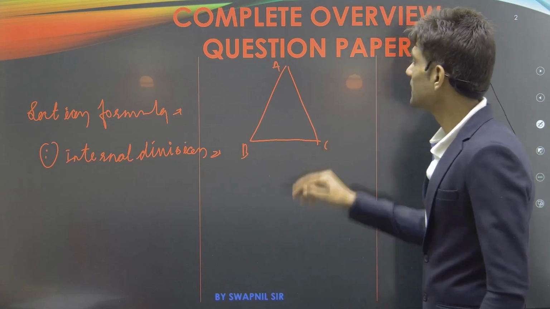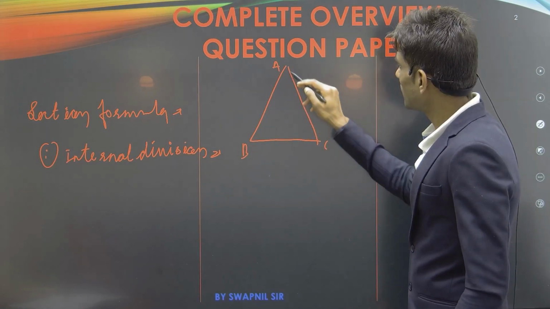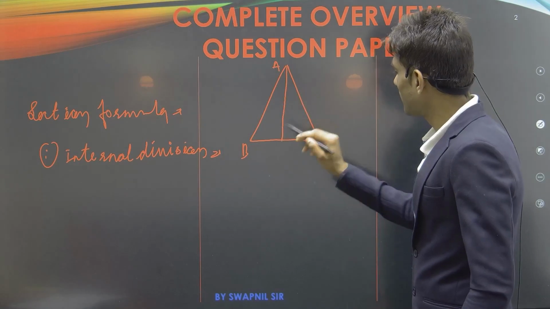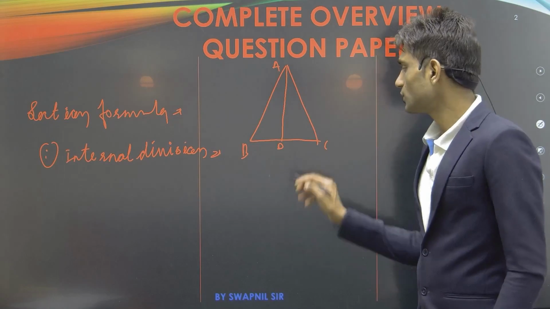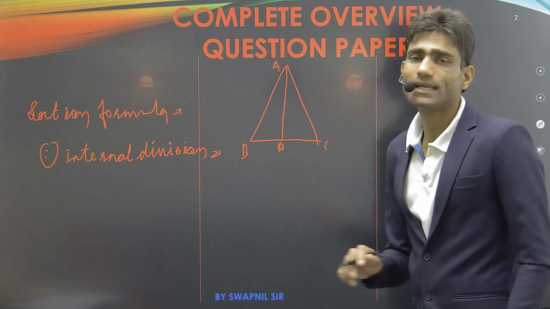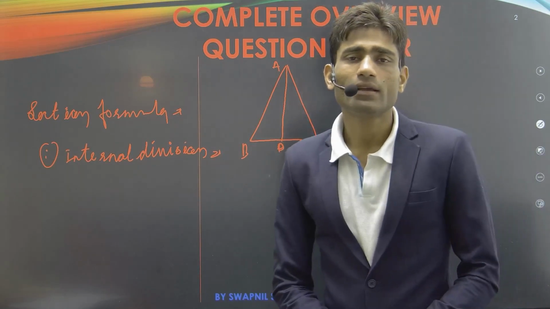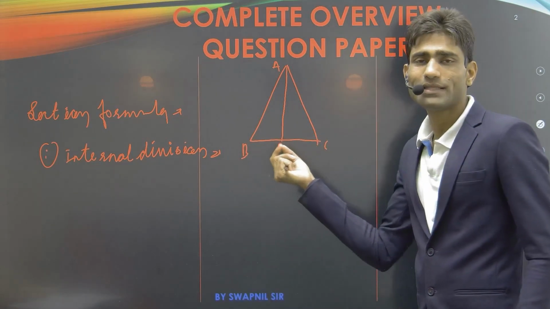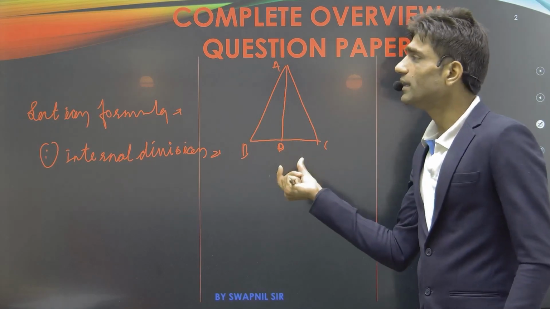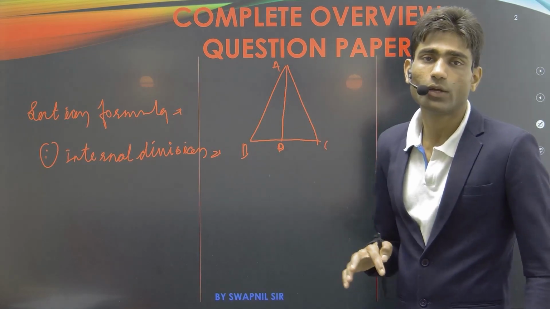Consider triangle ABC, and consider a point D that divides the line segment BC internally.